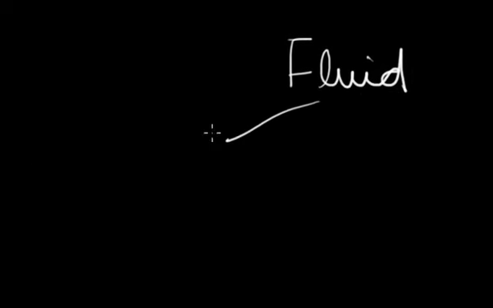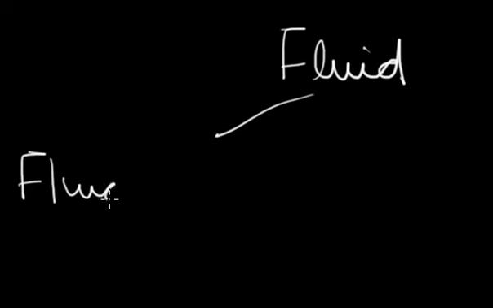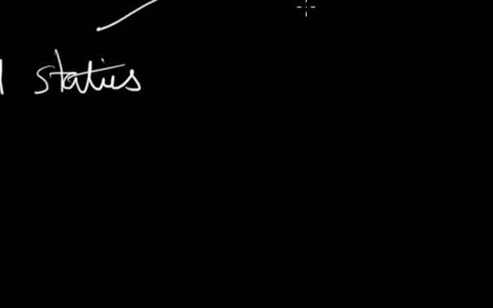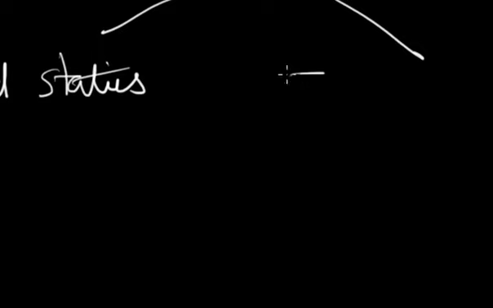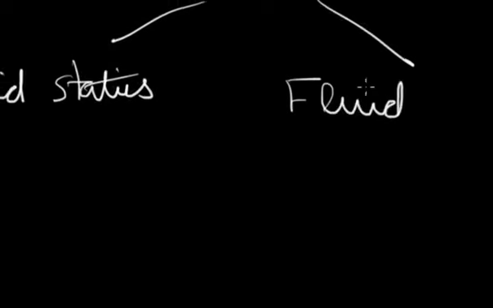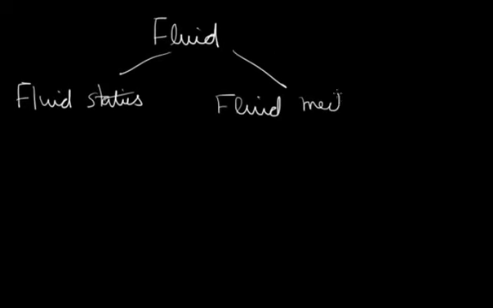Now, coming into the theoretical aspects, we study fluids under two headings. The first is what is called fluid statics, and the second division is what is called fluid mechanics.